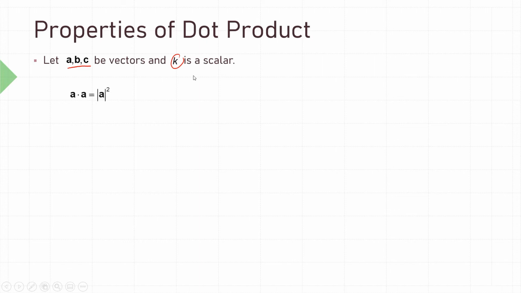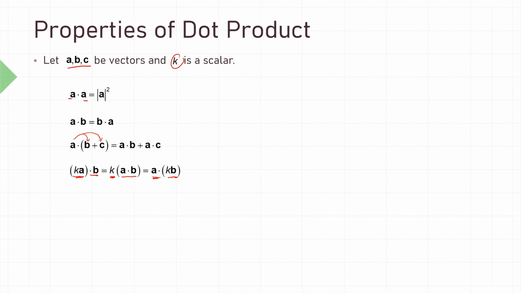The first property is that when we find the dot product between the same vectors, A dot A, we get the magnitude of A squared. Second, the dot product of A and B is the same as the dot product of B and A. The third one is the distributive law: A dot B plus A dot C. If we have a scalar multiplied with A, dotted with B, we can also write K in front and find the dot product between A and B, or you can write vector A dotted with K times vector B. Now if you have the zero vector and you find the dot product with A, you get 0.